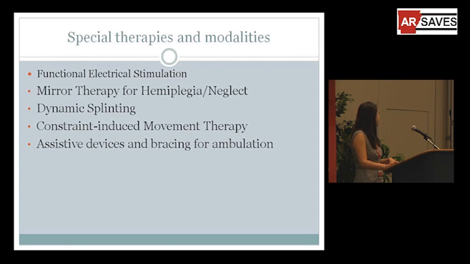And then one of the more old school therapies that a lot of our patients don't like is constraint-induced therapy or forced use of their limb. This is mostly used in patients who have at least trace to anti-gravity strength in their affected side. What we do is we literally tie down their good side and make them use their hemiplegic limb.